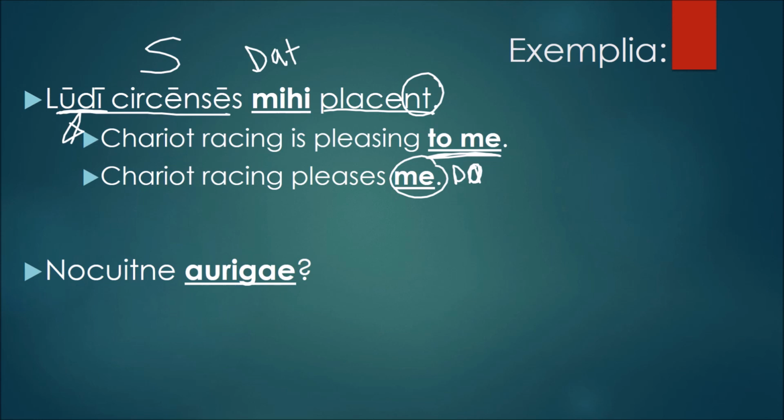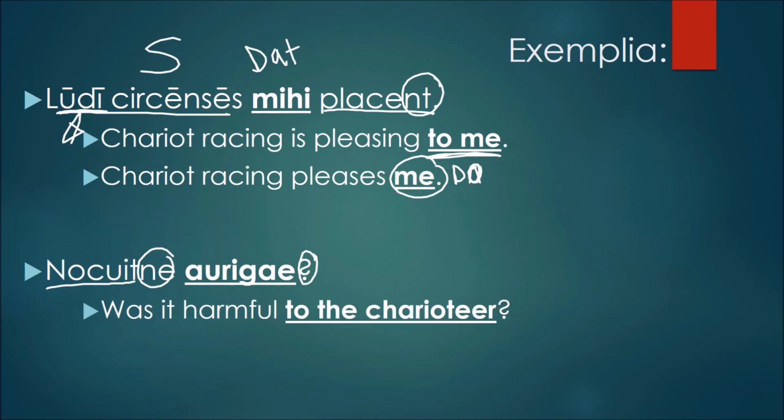In our second example, nocuit neo riga, here we're using our verb nocere, to harm or to be harmful to, and this happens to be a yes or no question in the perfect tense. Because our verb is third person singular, we're going to translate this with a he, she, or it translation as a question. Was it harmful to the charioteer?